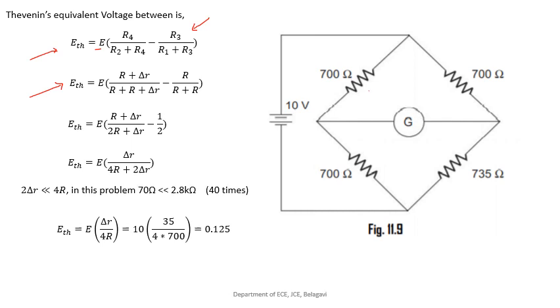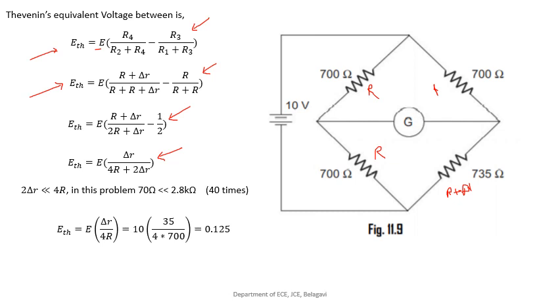What we have assumed is this is R, this is R, this is also R, and this is R plus delta R. If you substitute for that, finally you will get delta R divided by 4R plus 2 delta R.